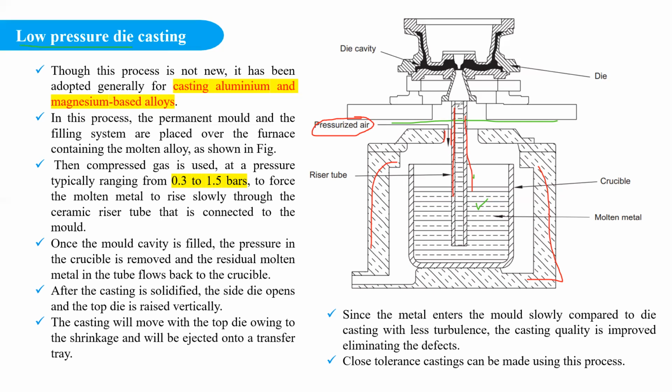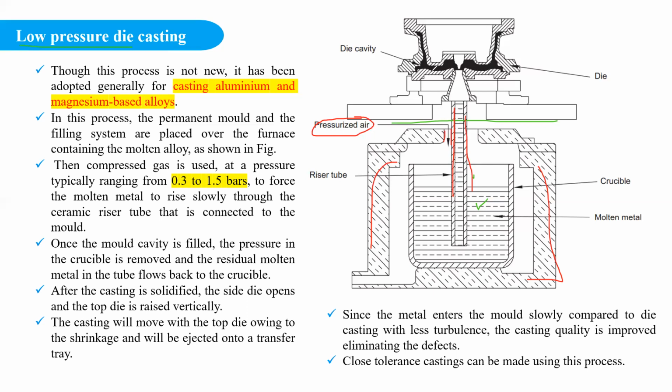Here the molten metal is filled into the die cavity with less turbulence, and it is filled slowly, so that turbulence is avoided. Hence, we will get a quality casting without any defect. That is the main advantage of the low pressure die casting process that cannot be achieved in the high pressure die casting process.